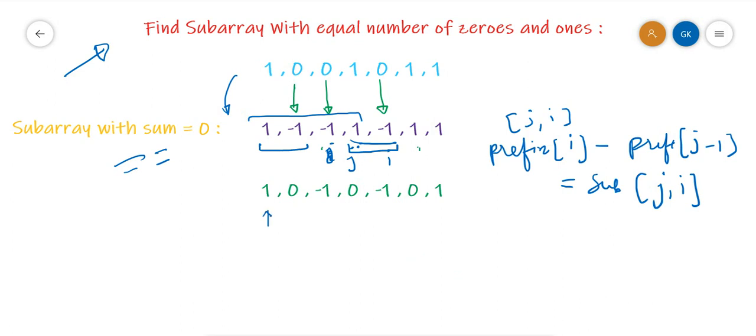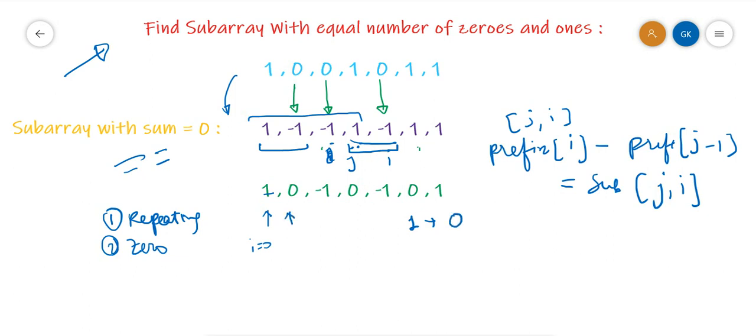There were two conditions, repeating and 0. I equal to 0, which is 1, is not satisfying either condition. Because 1 is not present earlier and 1 is not 0, we simply store 1 in our hash map, where 1 is present at index 0.